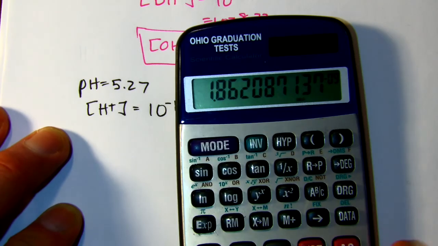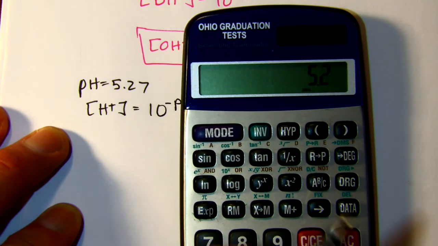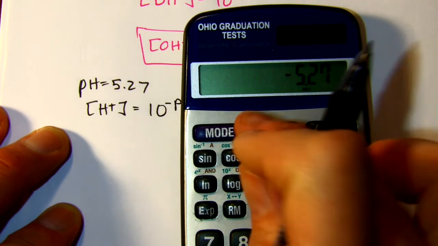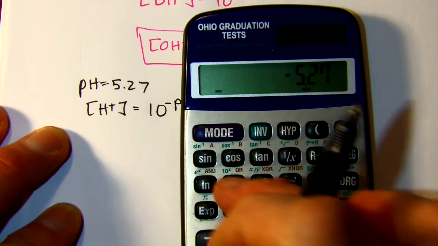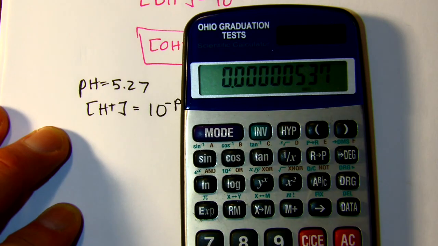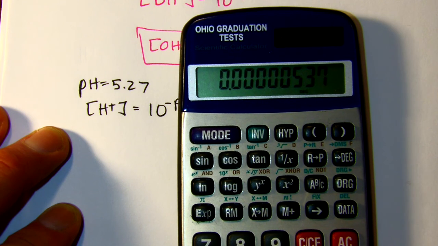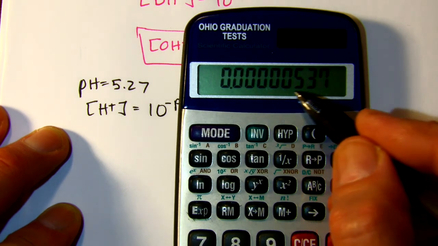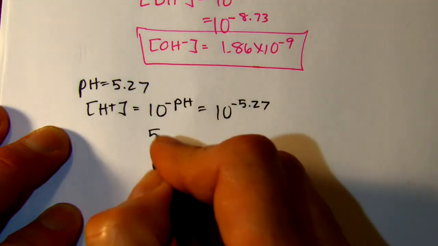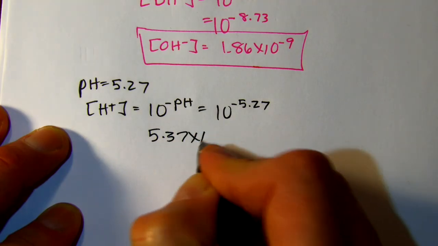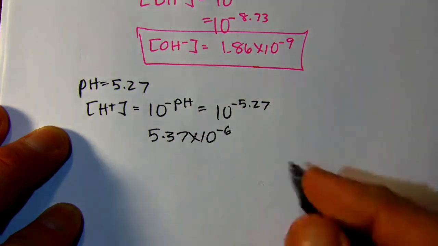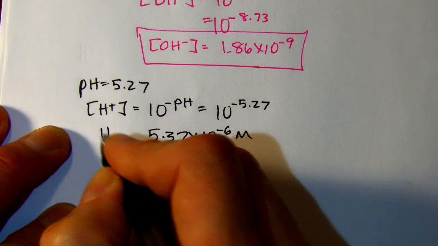Here's our calculator. 5.27 negative, invert. So now we get 5.37 times 10 to the negative 6. I wish those numbers weren't so similar, but that's what we got.